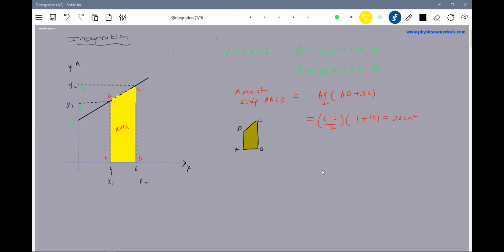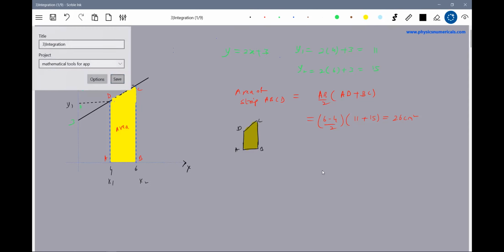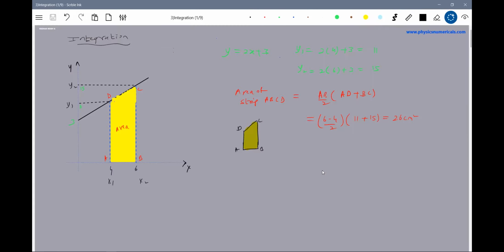Our trouble starts now. I will migrate to the next condition. So there's a curve. Let me introduce the y equal to x square graph that I'll plot.